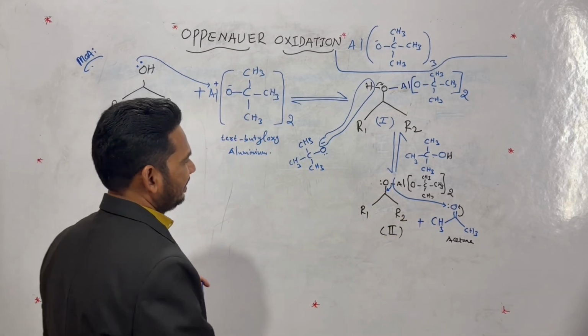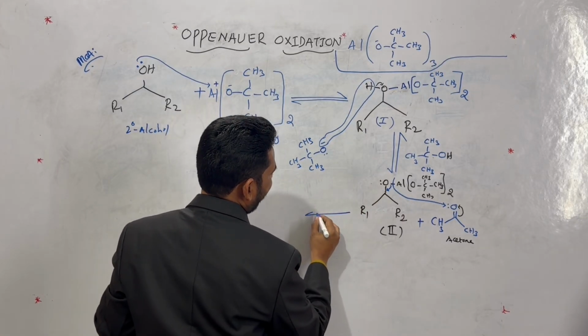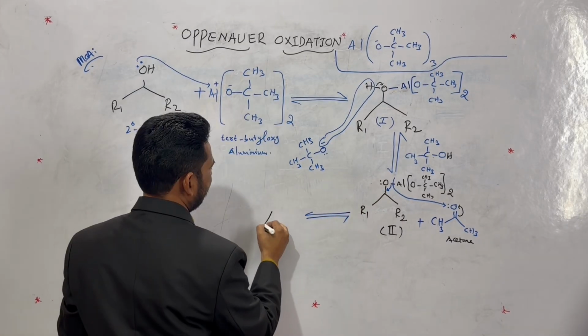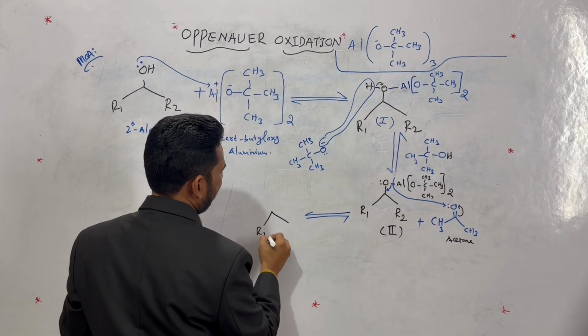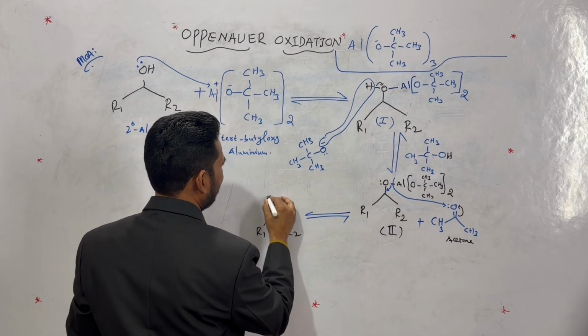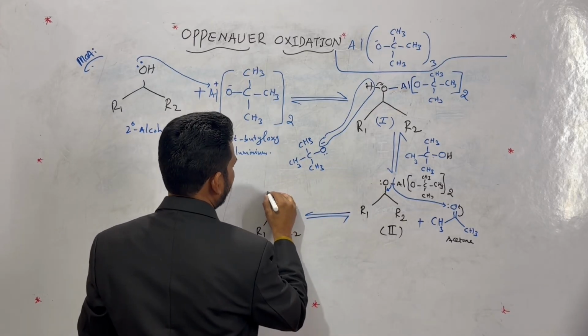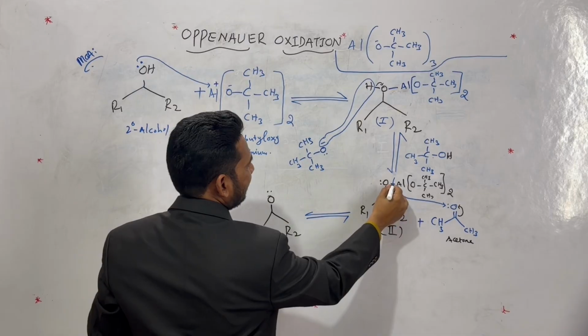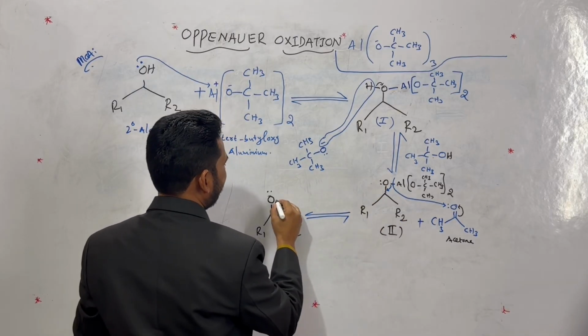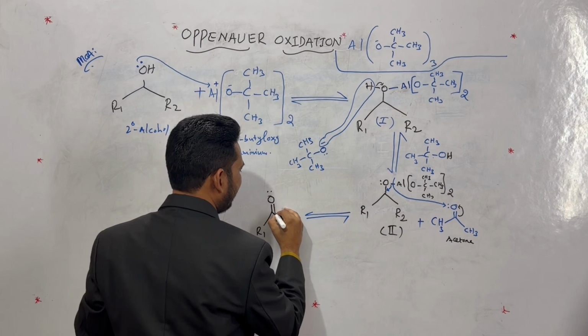Okay. Then what will be formed here? This product will be converted to R1, R2, here oxygen. Already it is having an extra pair of electrons. I will write here. Then this bond will move here, which means this pair of electrons will move here, forming the double bond.